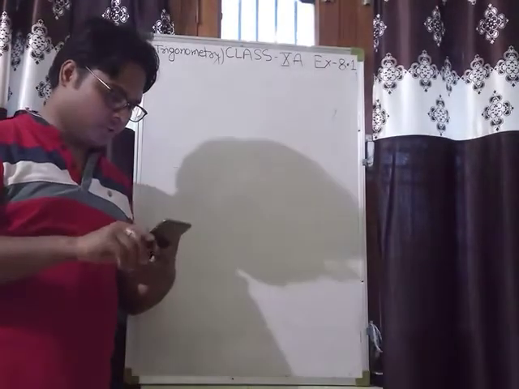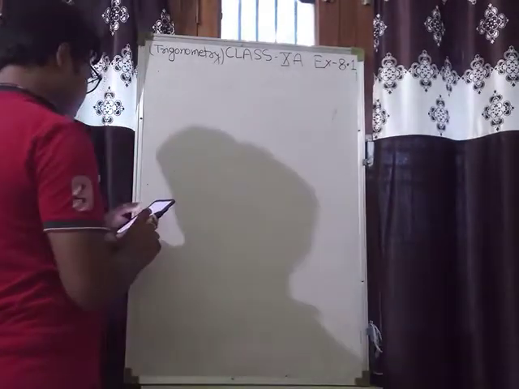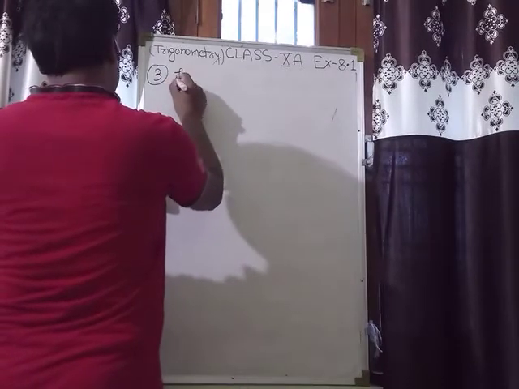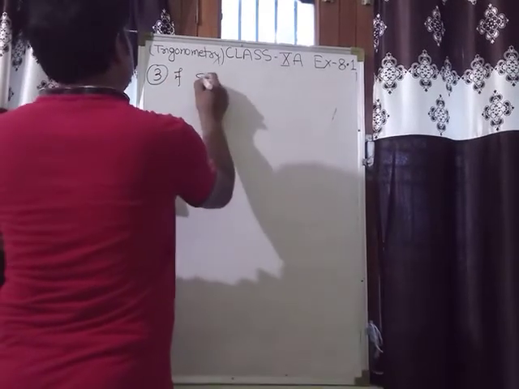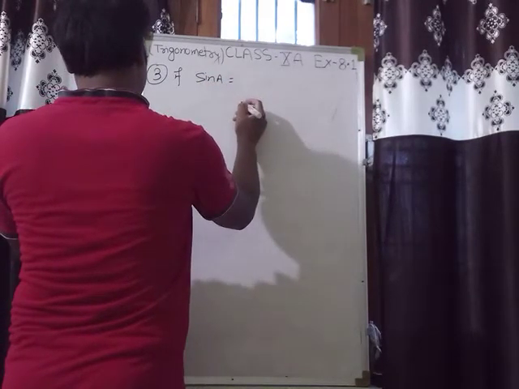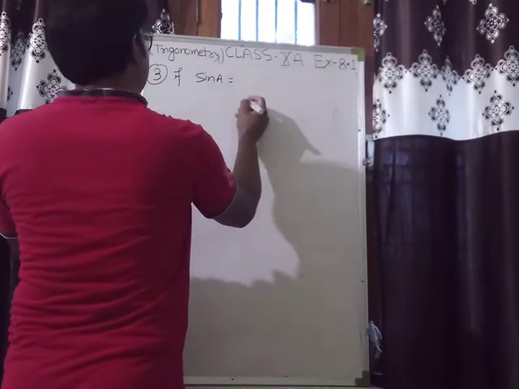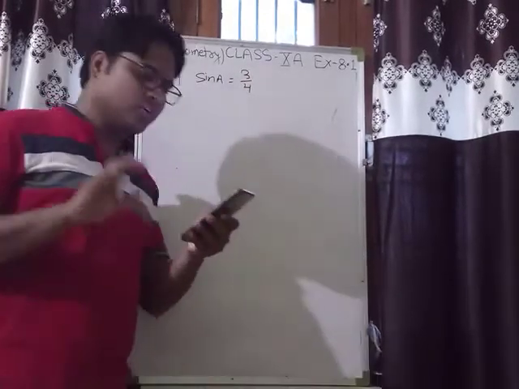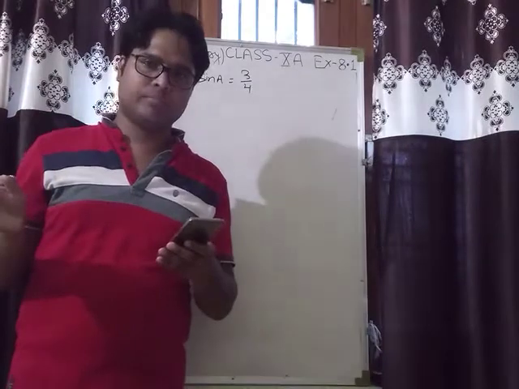That is necessary for you. Now question number third is, if sin A is 3 by 4. See, question number third and question number 4 are of same type.